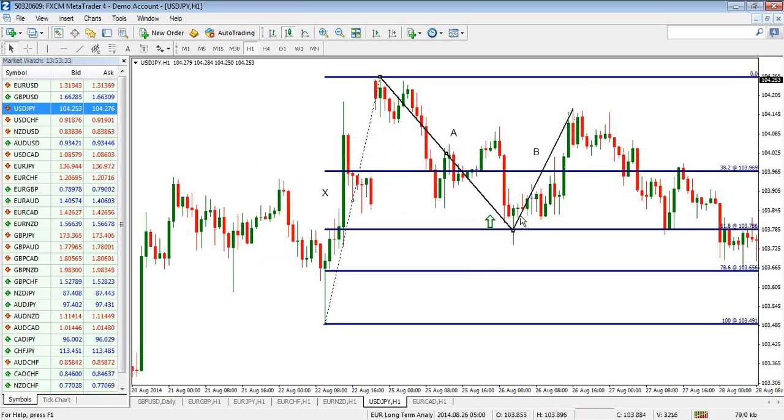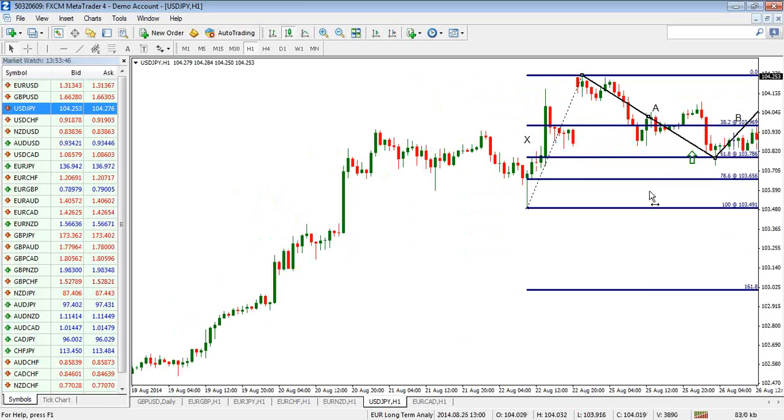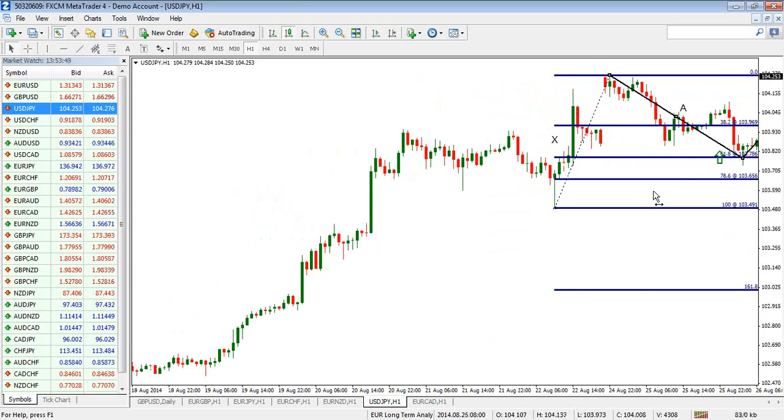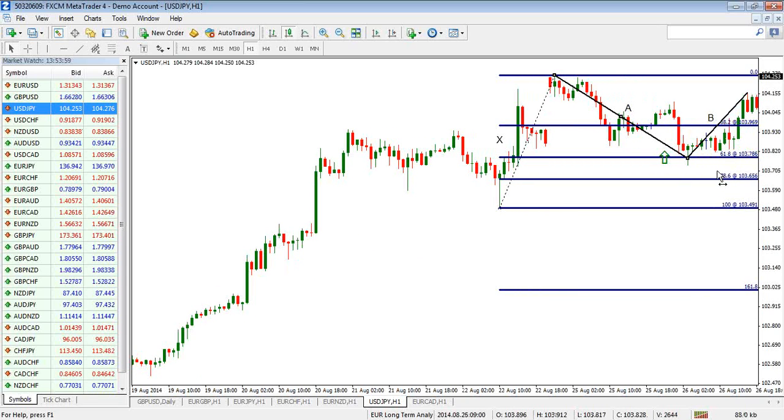Now for B, we need this B to have retraced. You see how the end of B, the high of B, is right in here as it starts to come down. Now, when we were tracking this, we saw that it had a series of lower highs and lower lows come down to the 61.8% level. And then we saw it start to make higher highs and higher lows as far as the B goes.